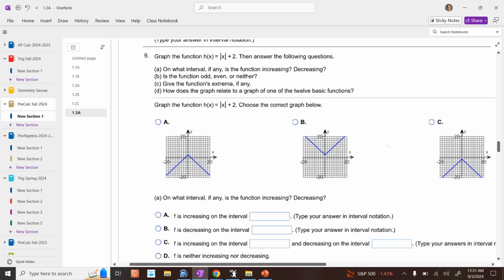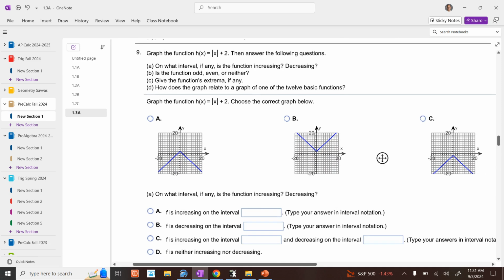Then the absolute value of x plus 2. The plus 2, since it's on the outside of the absolute value, does what? Moves it left and right or up and down? Moves it up by 2. Okay? And the absolute value of x is a v going up, so choice B. Okay, where does it increase?